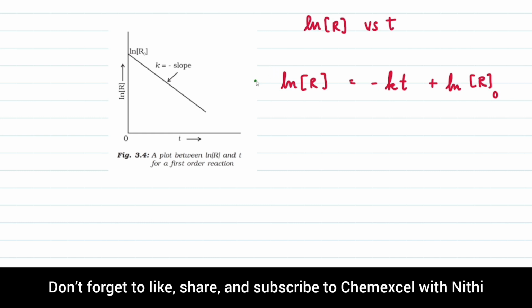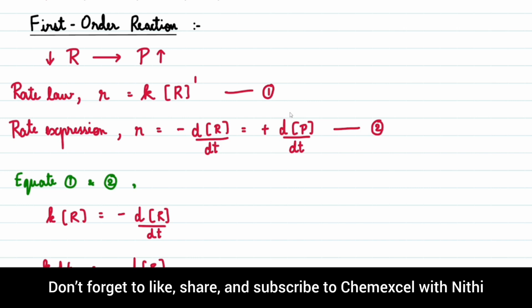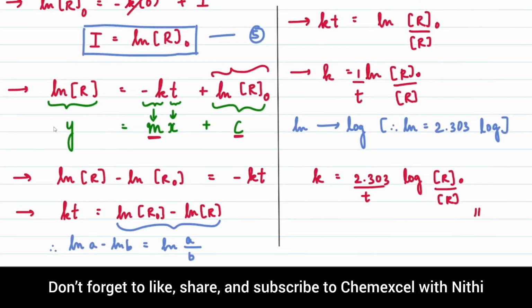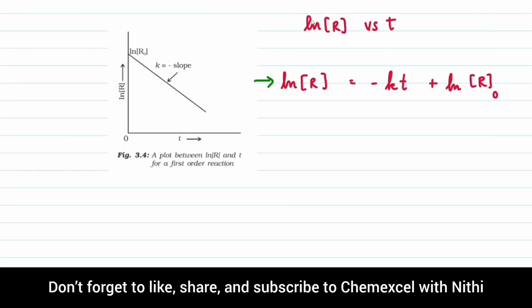Now let's plot a graph between ln r and t. Let's consider the same equation from the previous sum. As I've said already, this will be compared to the y is equal to mx plus c equation, where the y-axis will be ln r and the x-axis will be time t.